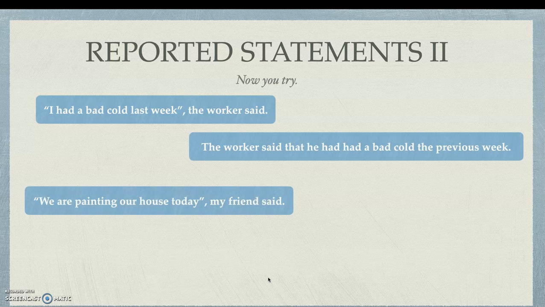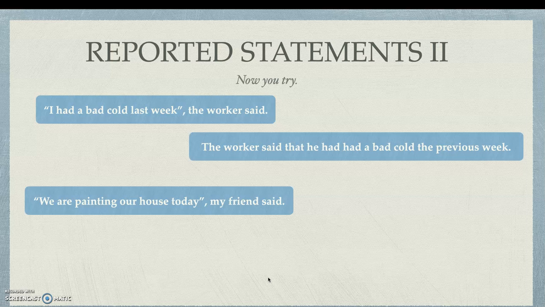"We are painting our house today," my friend said. What did my friend say? We have a present continuous now. So my friend said, we are painting.